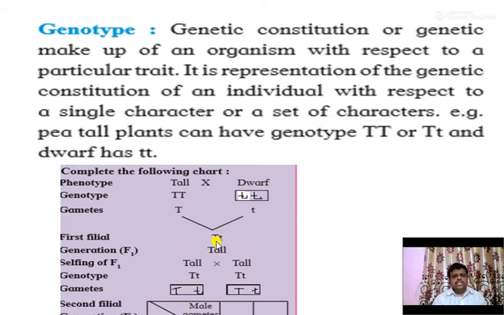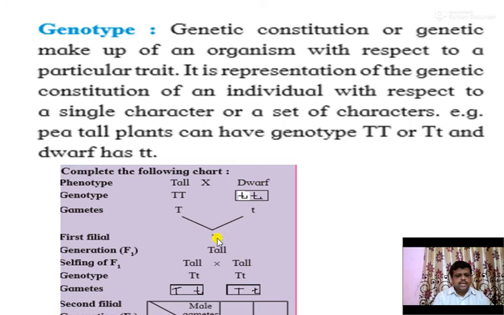Now you can see this F1 plant is a hybrid plant. So what is hybrid? A hybrid is a heterozygous individual produced from any cross involving pure parents having one or more traits. This one is, as I said earlier, heterozygous. This is not homozygous because it possesses dissimilar alleles.